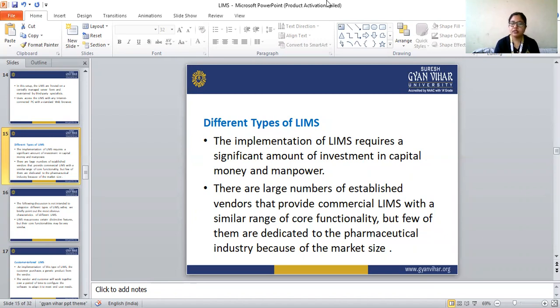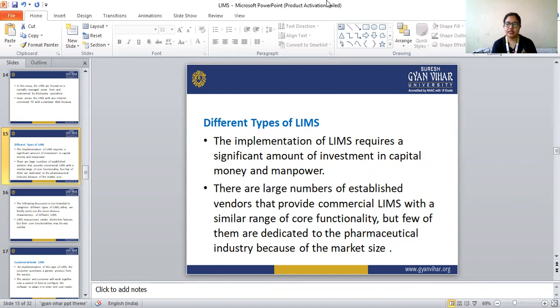There are large numbers of established vendors that provide commercial LIMS with a similar range of core functionality. But few of them are dedicated to the pharmaceutical industry because of the market size.